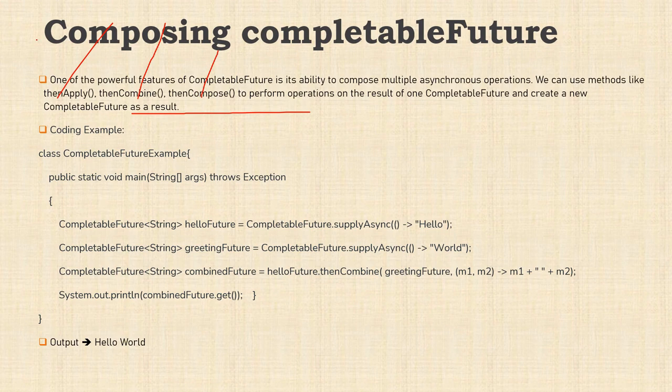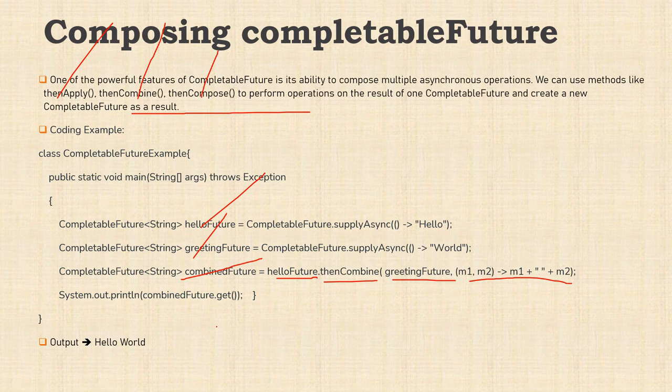So how can we do this? We are composing. I have created two futures, helloFuture and greetingFuture, with the help of supplying hello and world. What I'm trying to do here is combine both futures with the help of helloFuture. This is the first one, and then thenCombine greetingFuture, and this will take a function as an argument. We are providing m1, m2 and m1 plus m2.